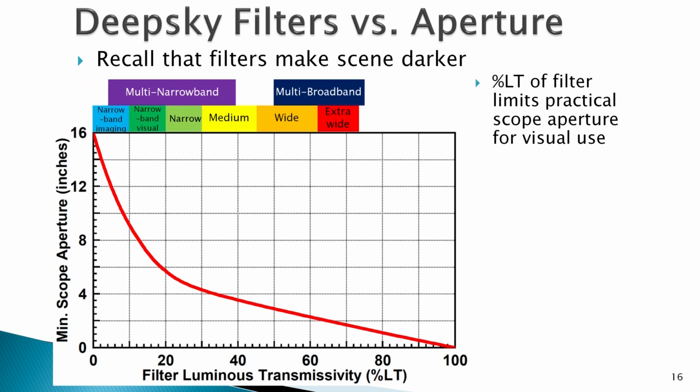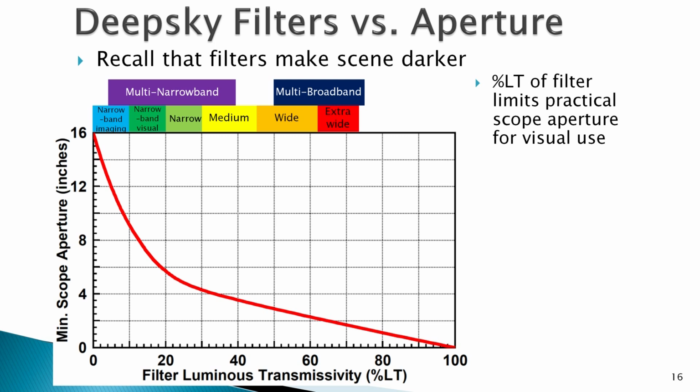At the top, I have marked off the ranges of %LT that are common for the different categories of deep sky filter. So, for example, if you wanted to use a typical medium broadband filter with a 4-inch refractor, you'd probably be okay. Trying to use a narrowband visual filter with a 4-inch refractor is probably pushing your luck.